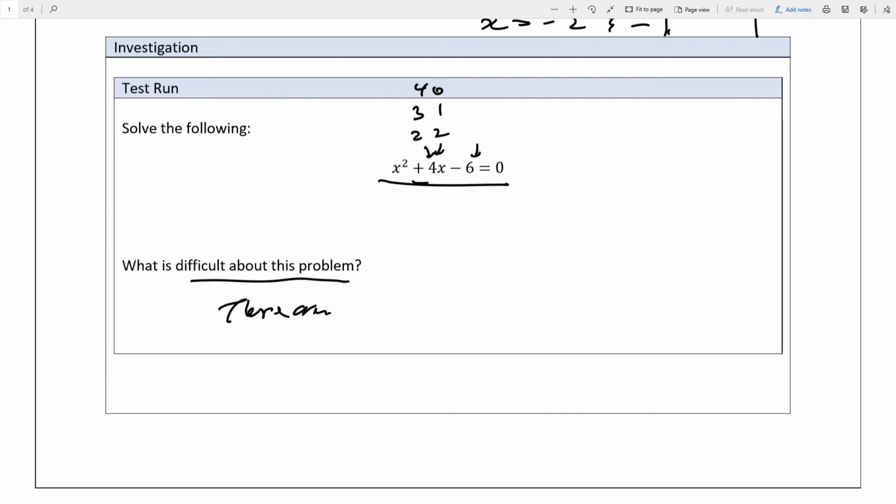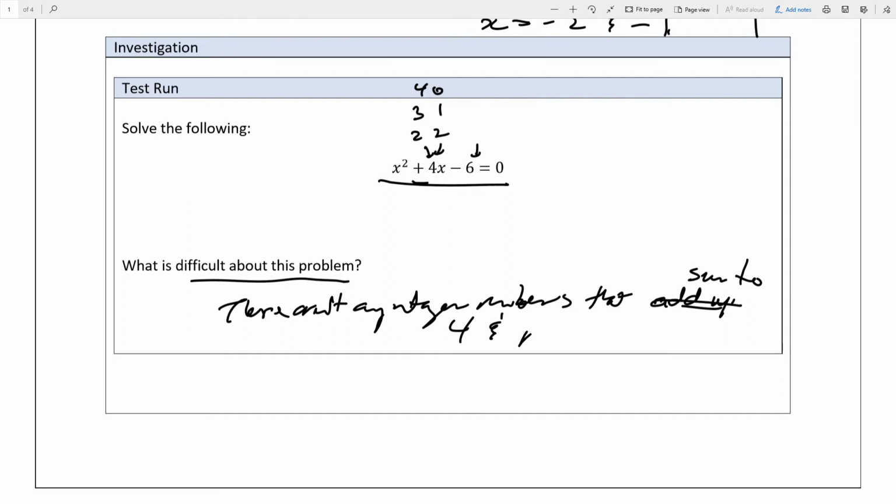There aren't any integer numbers that decompose, that add up to, that sum to 4 and multiply to negative 6, right? So that's the problem.